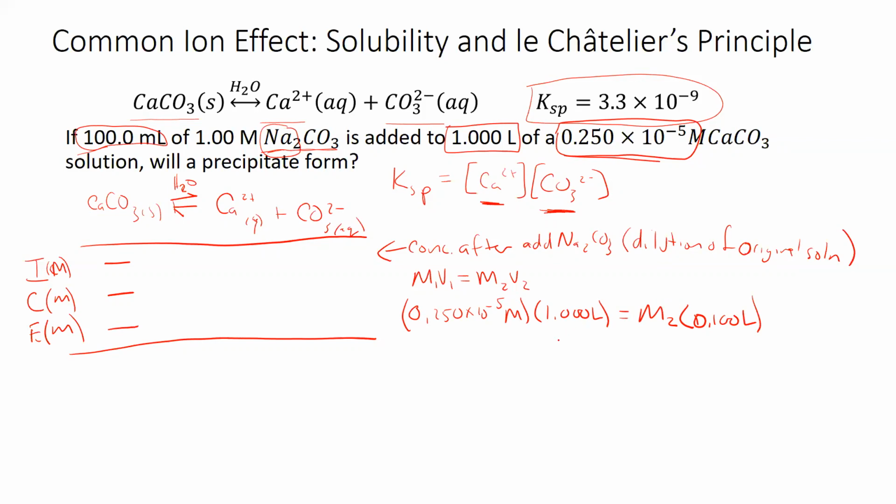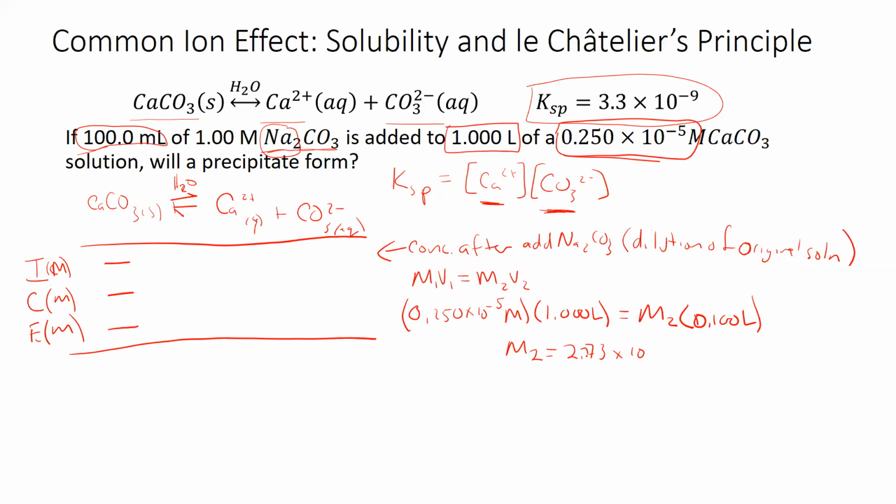So we do that dilution, we wind up getting a new concentration of both the calcium and the carbonate of 2.73 times 10 to the minus 5 molar. That's not right. 2.273.